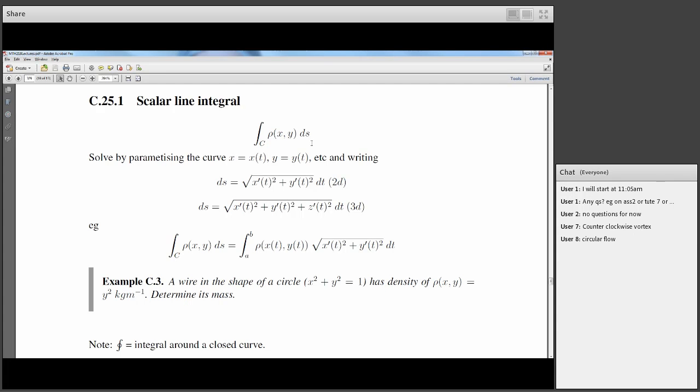And again, you've actually done that. Those calculations you've done in Maths 101, for example. If you've got a piece of wire or whatever it might be, and you know the density of the wire at any point in time, and this would be the density of it, then integrating that little bit of density along the whole way would give you the total mass. So that's what it is. So really it is adding up a function, or totaling a function along some sort of curve.